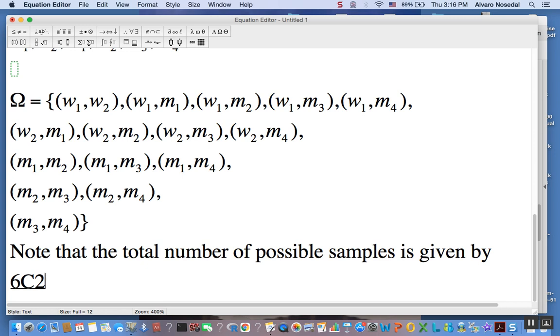And we can check. So we have 1, 2, 3, 4, 5, then we have 4, then we have 3, then 2, then 1, and the sum of 5 plus 4 plus 3 plus 2 plus 1 equals 15, right? And let's check using R that 6 choose 2 gives you 15.